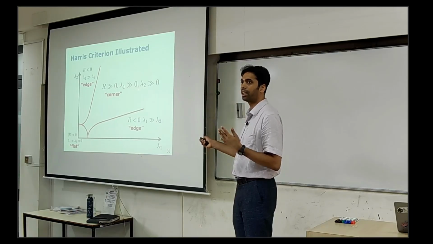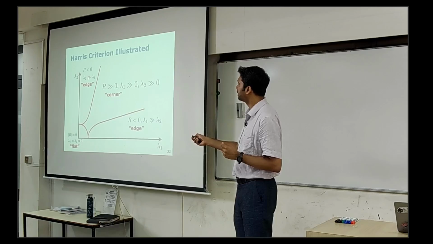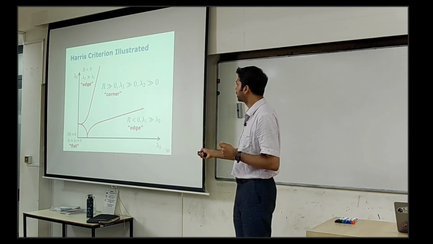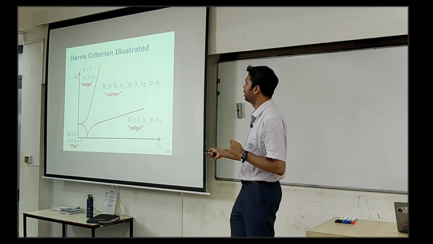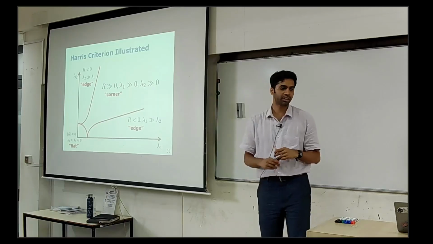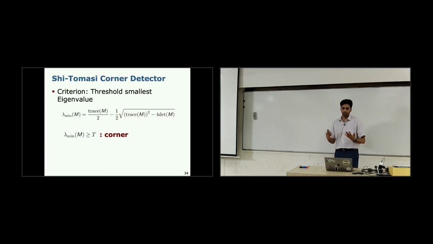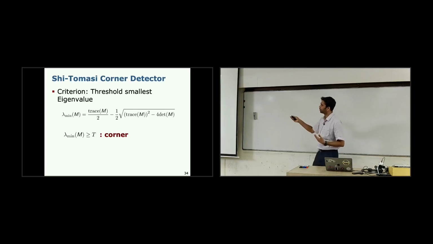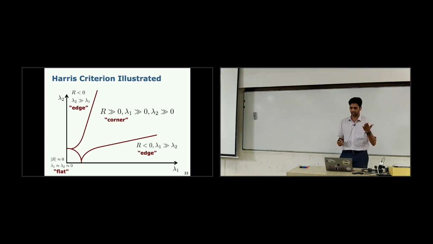If only one of those values is big, you end up in this section or this section, where one eigenvalue is large but the other one is small. Whereas if both of them are small, you'll end up in this section here, which is just a flat region essentially. You could basically come up with a threshold value and use the eigenvalues to make the determination.